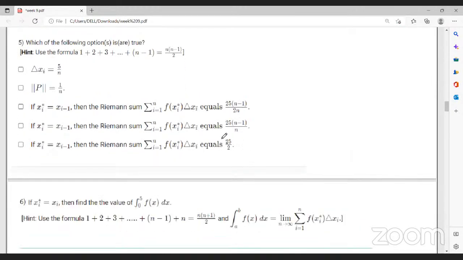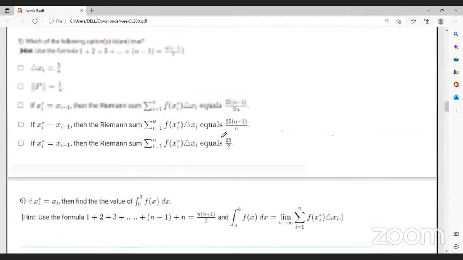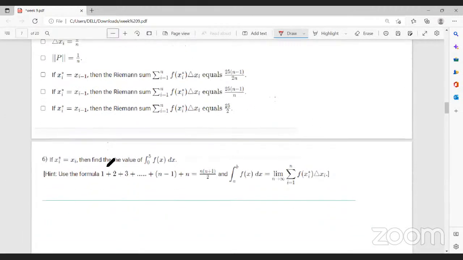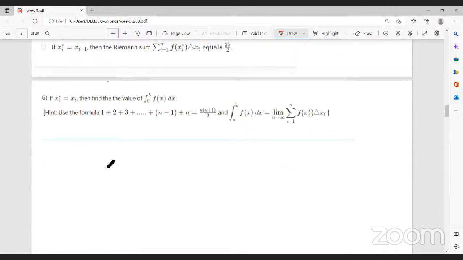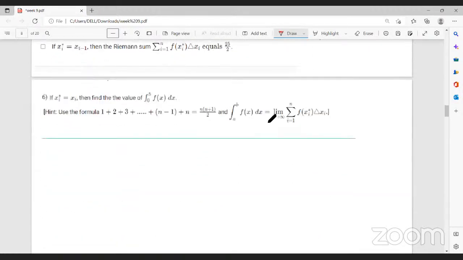First we'll discuss question 6, then we'll discuss the other question. This is visible, right? Question number 6. Yes, sir. So here f of x is given as equal to x. It is for the same question.